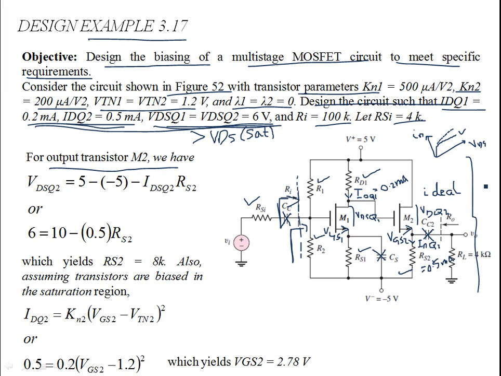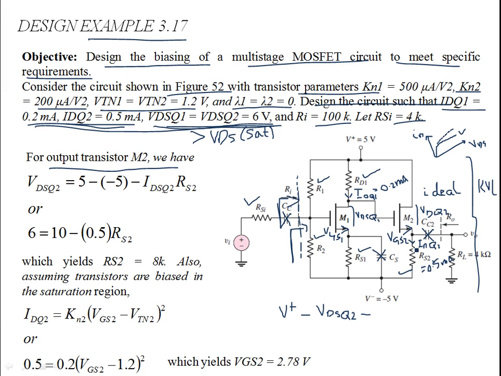So if you consider the output loop, let's write a KVL for this loop. You see over here, the drain of M2 is tied to positive 5 volts. So I can write this as plus V plus. Then I have minus VDSQ2. What else do we have?